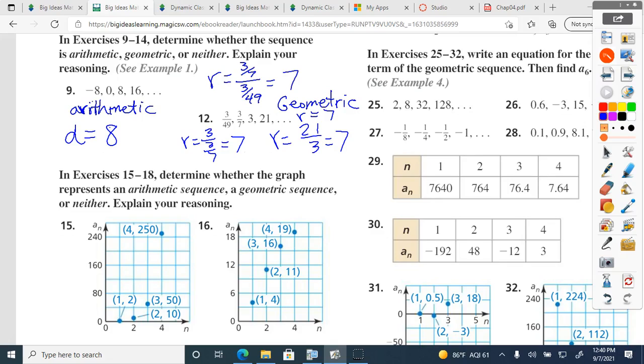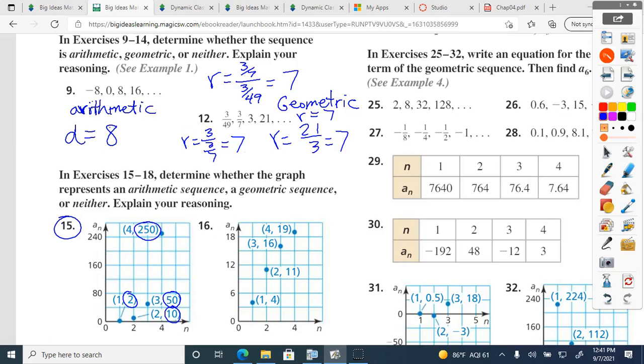All right, 15 right here. Same process, but they've given us the points in a different way. They don't just give us the numbers, they actually give us the points. So, what's the first number? First number's 2, then 10, then 50, then 250.